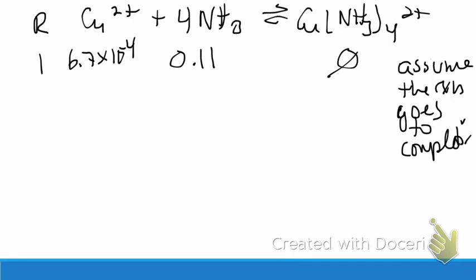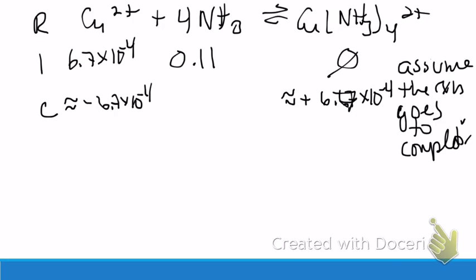So we can assume that our complex ion concentration is going to increase by approximately the concentration of the copper, which is 6.7 times 10 to the negative 4. We can also assume that our concentrations on the reactant side are going to decrease by the same amount, approximately 6.7 times 10 to the negative 4.